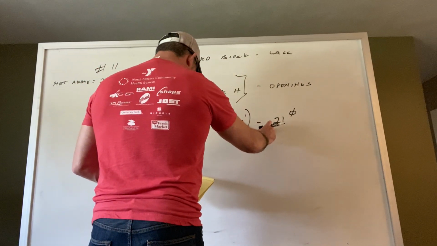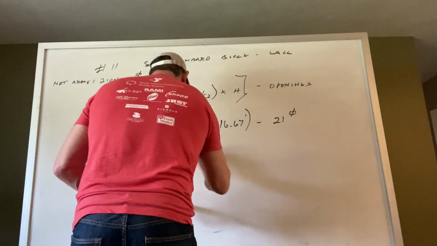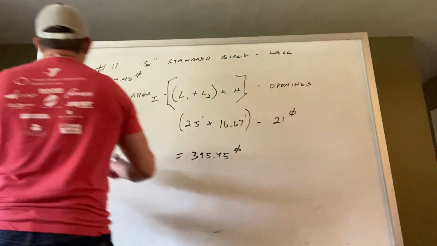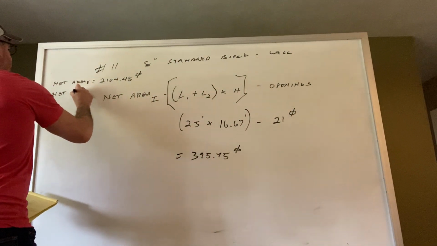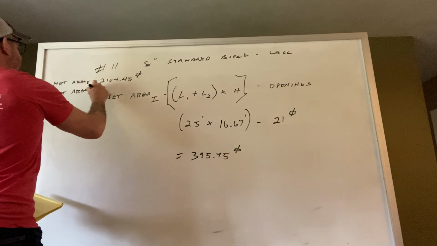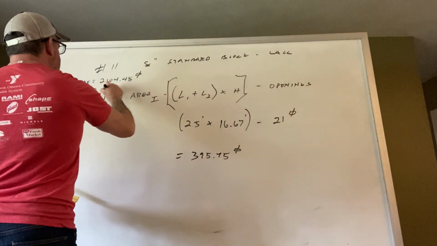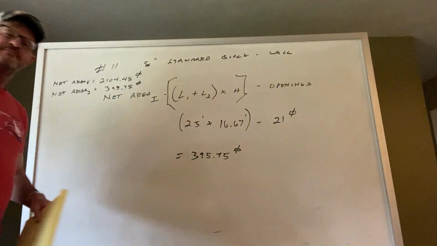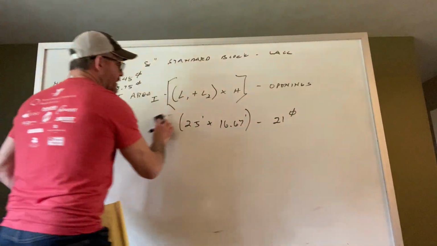I'm going to subtract out 21 square feet, and I'm going to get a total of 395.75 square feet. So there is my net area interior equals 395.75 square feet. All right, so we've solved for what we need to solve for.